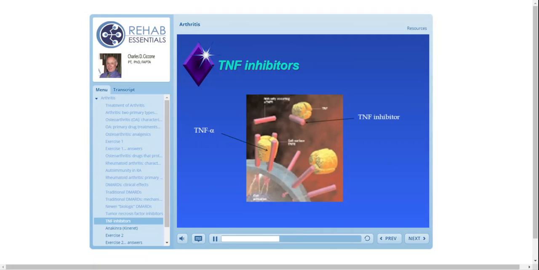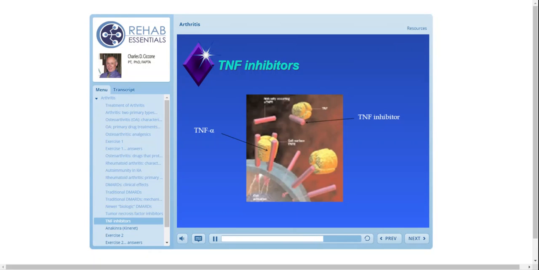What the tumor necrosis factor inhibitor does is it floats around. It's solubilized. It's not attached to the joint tissue, and it floats around and acts as a magnet for the tumor necrosis factor. Tumor necrosis factor then attaching to the non-joint pink cylinders in this picture is not available to then attach to the joint.